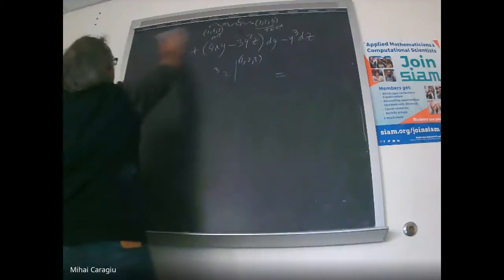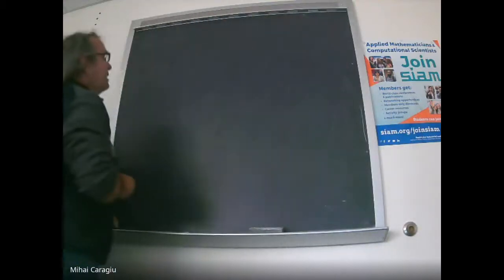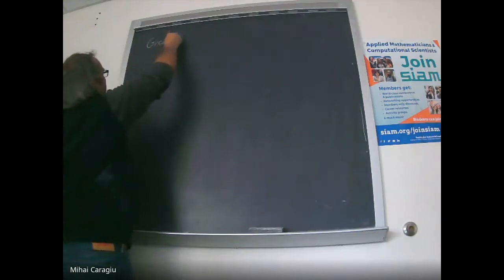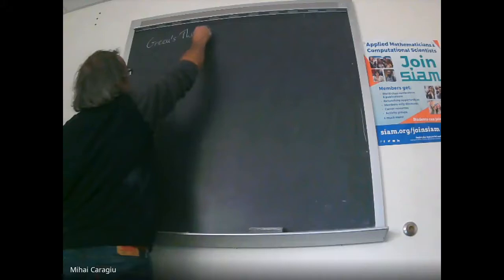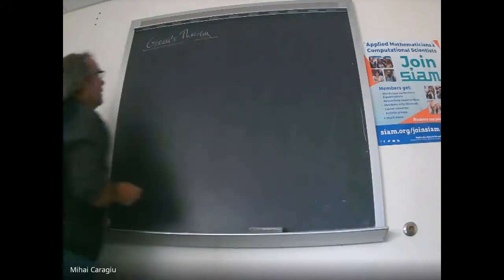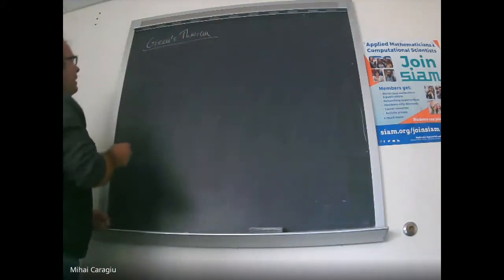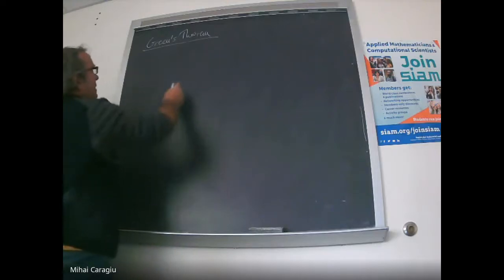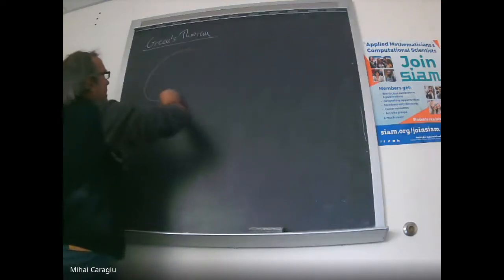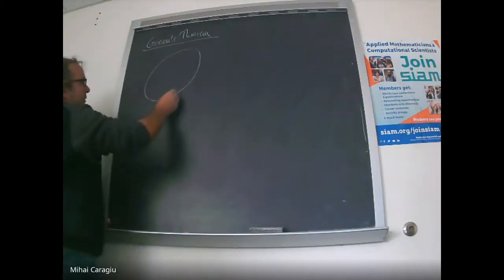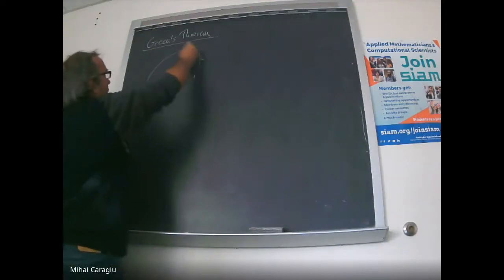And the third important thing we discussed today was Green's theorem. One of the major theorems of vector calculus, which is the junior of the system of three major theorems. So Green's theorem applies to line integral over a simple closed curve C. So let's imagine a curve C oriented counterclockwise.